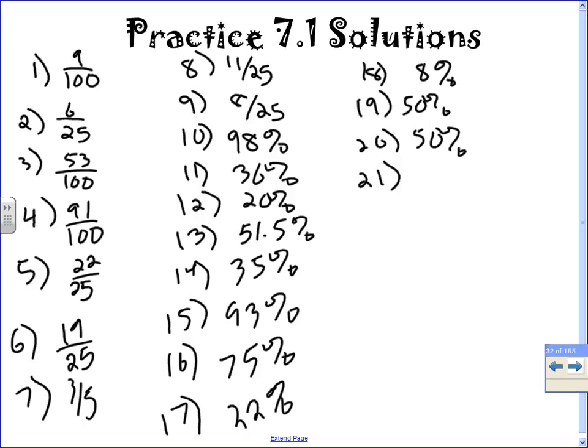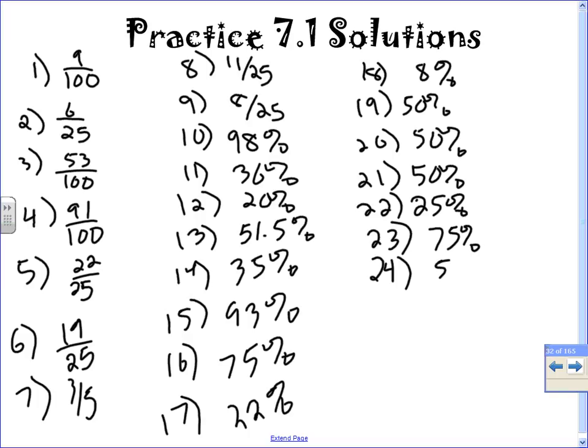Emma M. Good. 50%. 22, Jeremy. You need to write your answer as a percent. Good. 25%. Donatus, 23. 24, Emma H. Good.